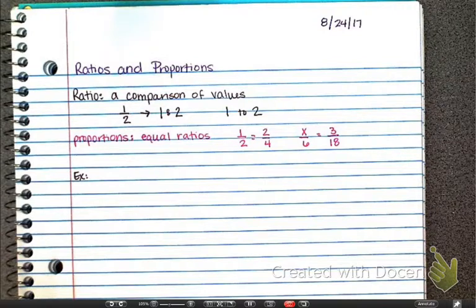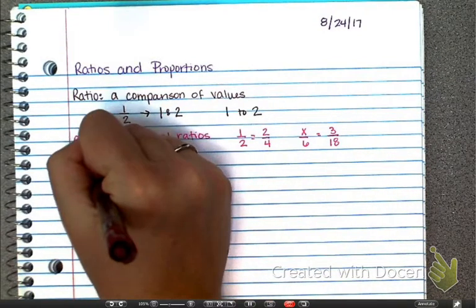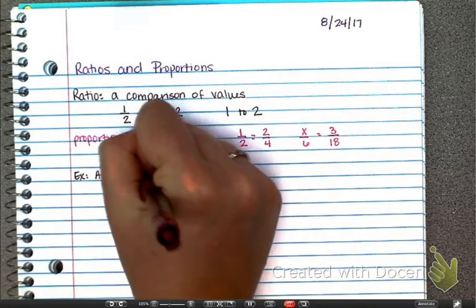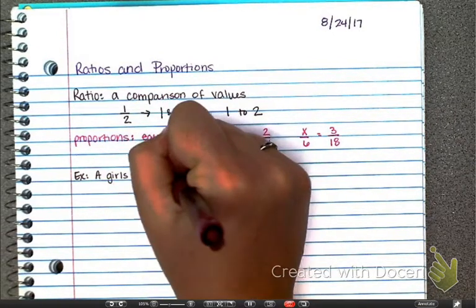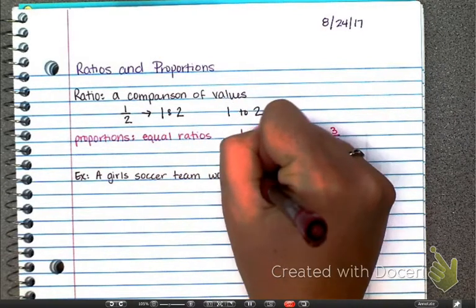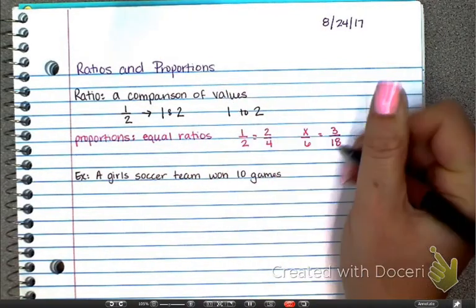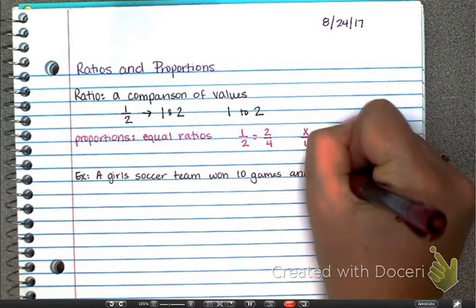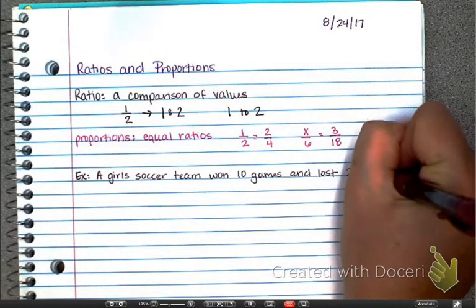Let's see. So I'm going to have you write this out. It's going to take a second. So a girls' soccer team won 10 games and lost 2 games.